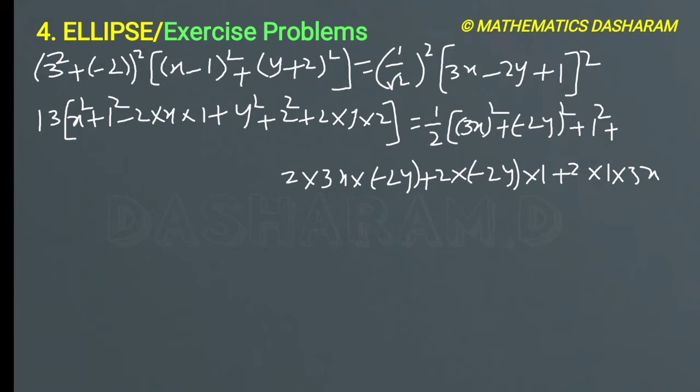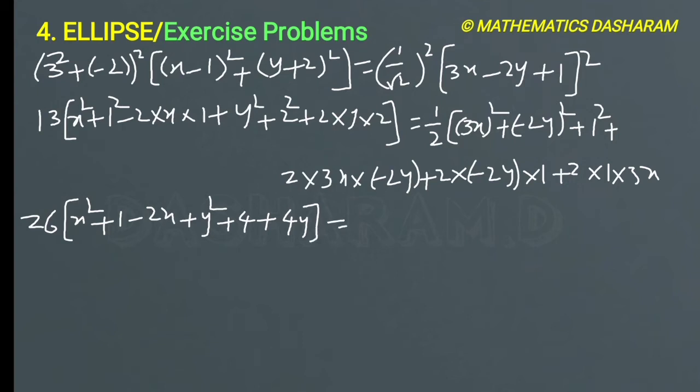So here 2 is dividing, so transpose to the left side. Then 2 into 13 becomes 26. x square plus 1 square, 1, minus 2x, plus y square, 2 square 4, plus 2 twos are 4y. It equals (3x) whole square, 9x square, minus 2y whole square is plus 4y square.